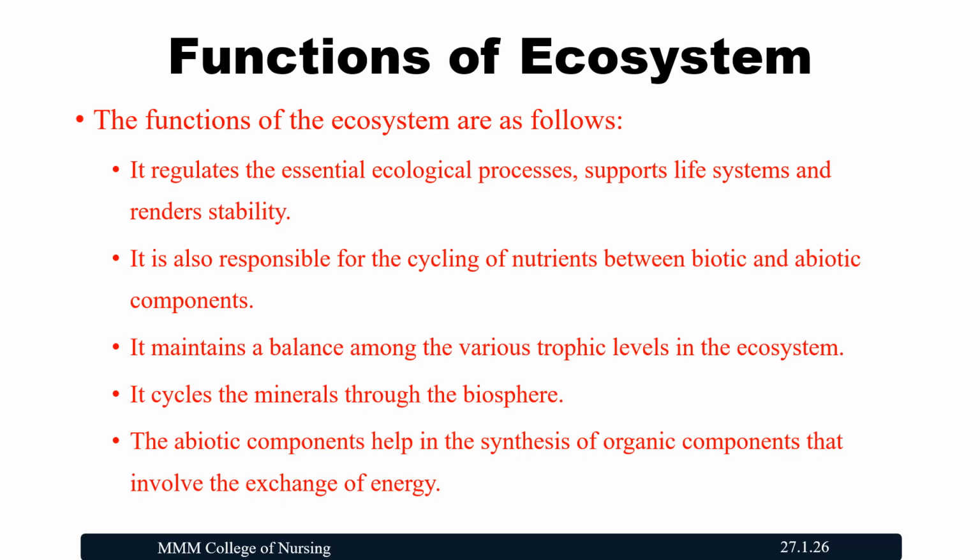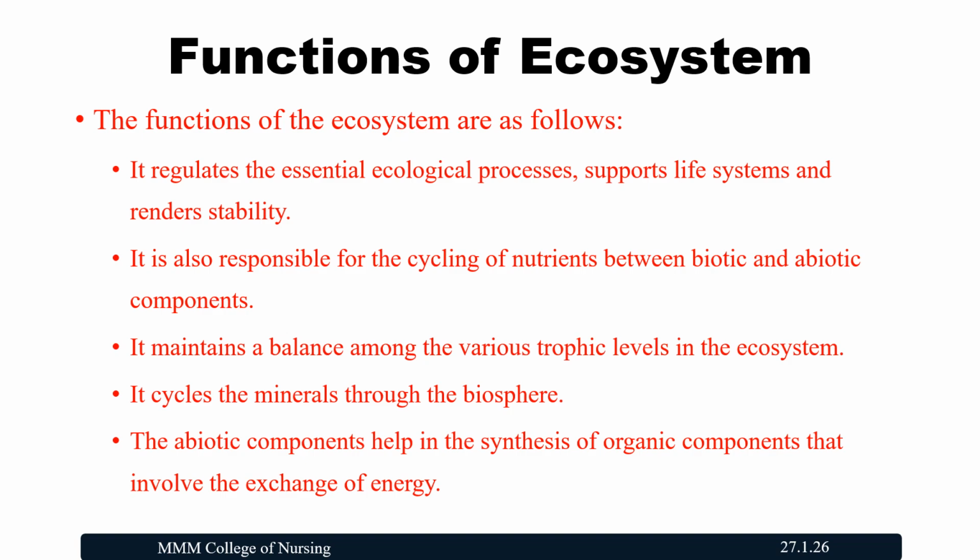Functions of ecosystem. The functions of ecosystem are as follows. It regulates the essential ecological processes and support the life system and renders the stability. It is also responsible for the cycling of nutrients between biotic and abiotic component.